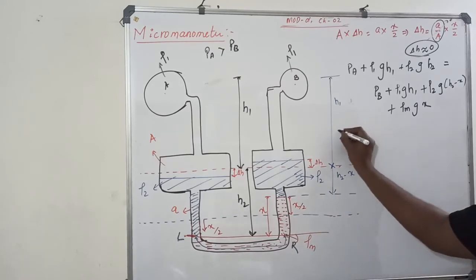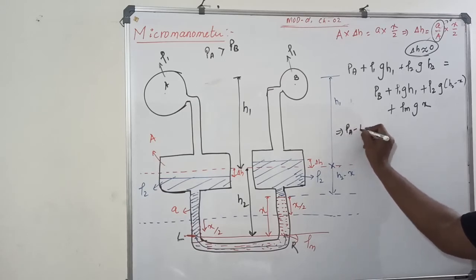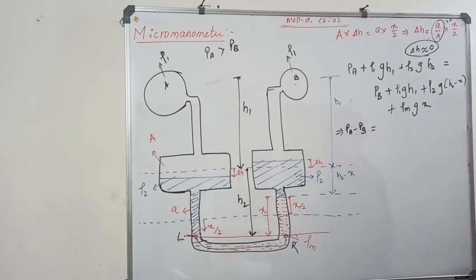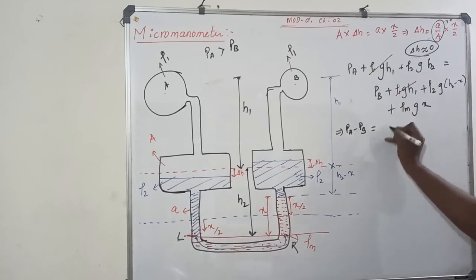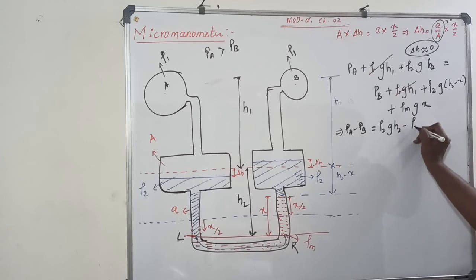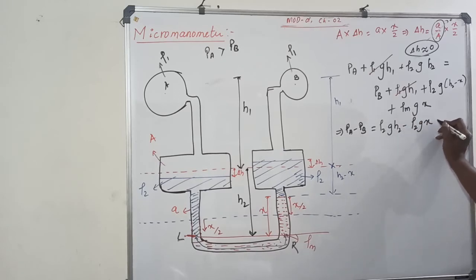So now write the difference. I need the differential pressure PA minus PB. Okay, I can clearly see here rho 1 G H1, so I am cancelling out. I can see here rho 2 G H2, here also rho 2 G H2, that I will cancel. PA minus PB. Here rho 2 G H2 minus rho 2 G X plus rho m G X, take this that minus rho 2 G H2.